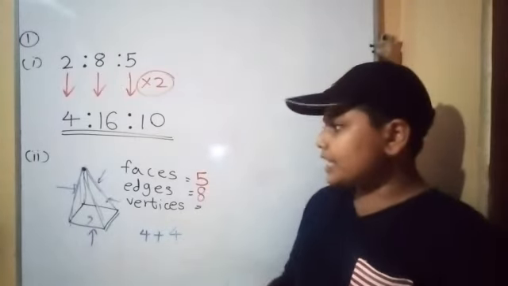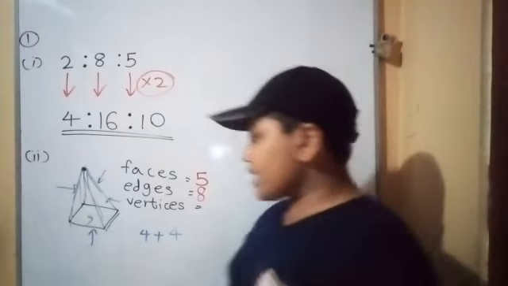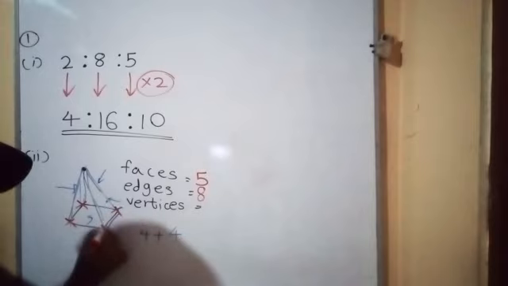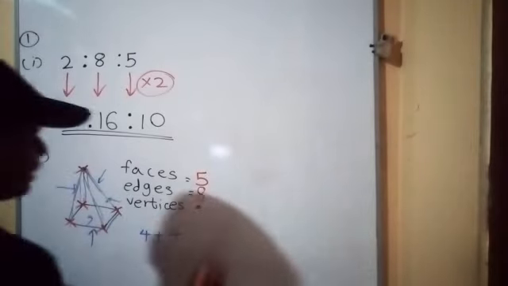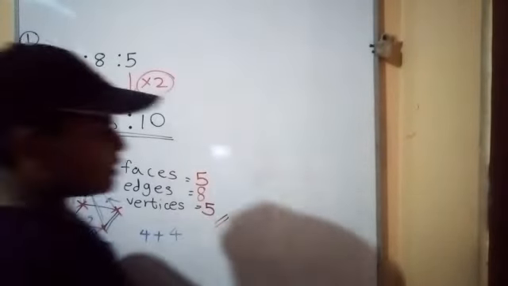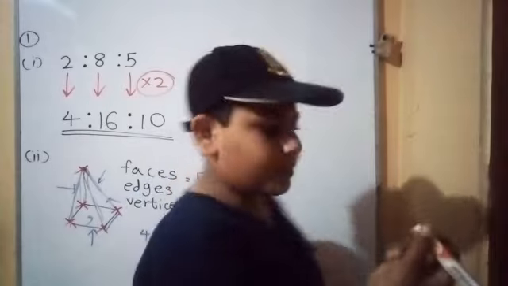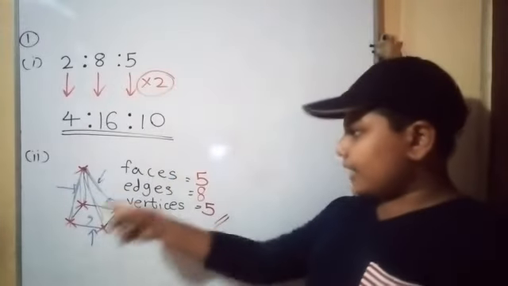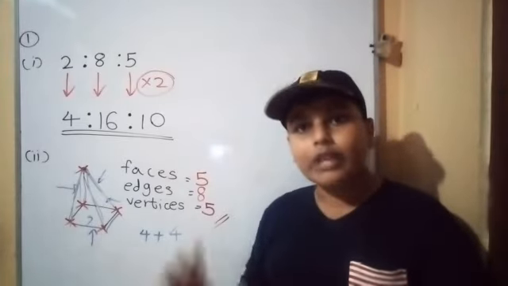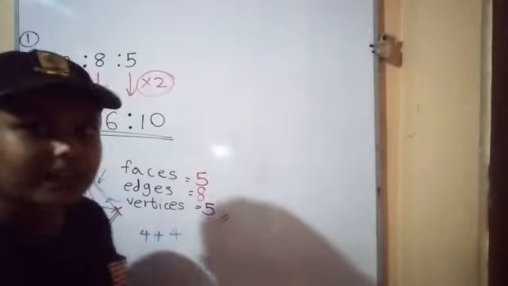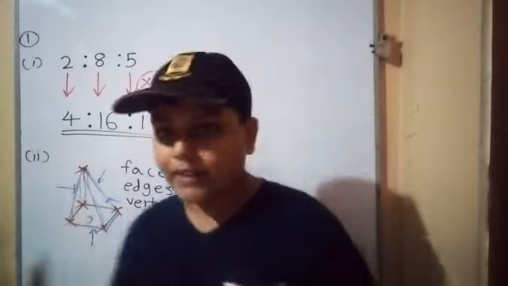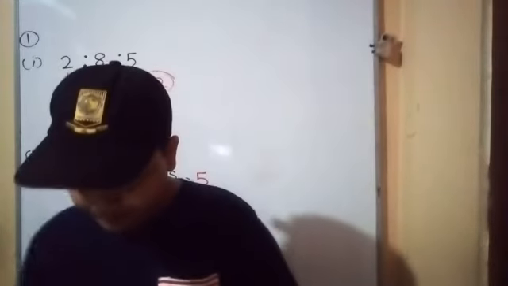Now the vertices. In the square there are 1, 2, 3 and 4, and the top one makes 5. So the answer is: a square pyramid has 5 faces, 8 edges and 5 vertices. Keep this in mind.